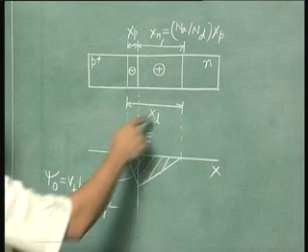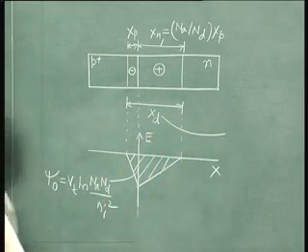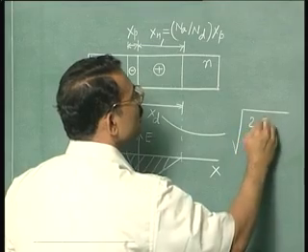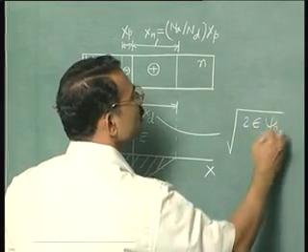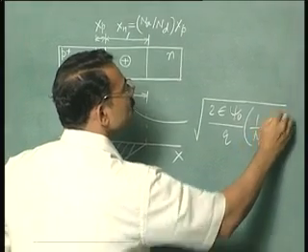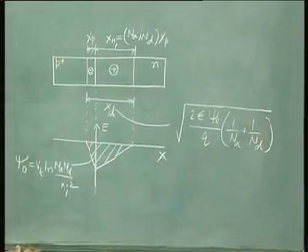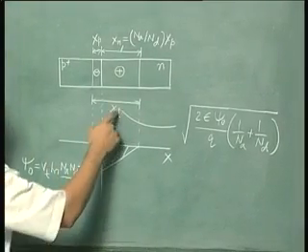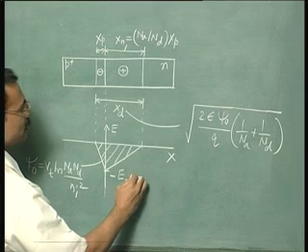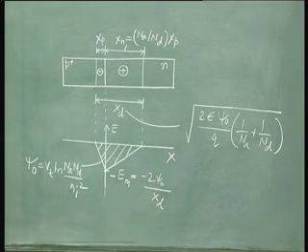Then we obtained the width of the depletion region using Gauss's law as square root of 2 epsilon psi naught by q into 1 by Na plus 1 by Nd. And using psi naught and xd, one can obtain the peak electric field as minus 2 psi naught by xd.